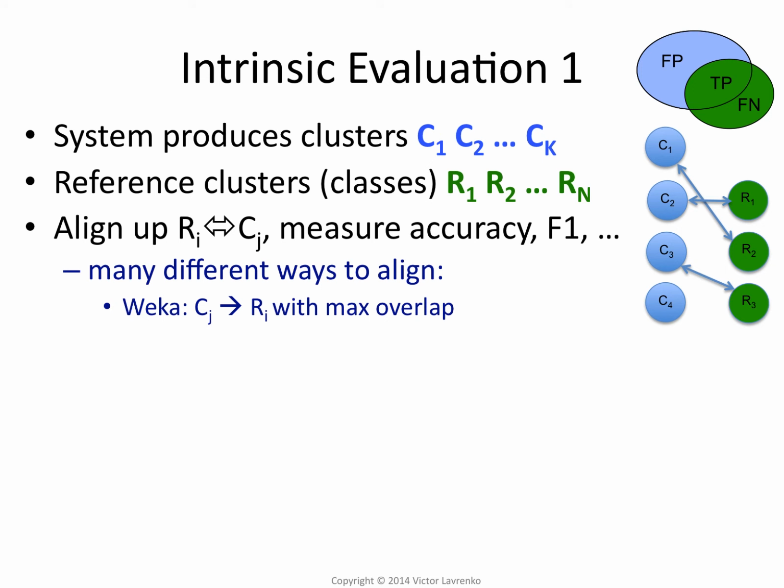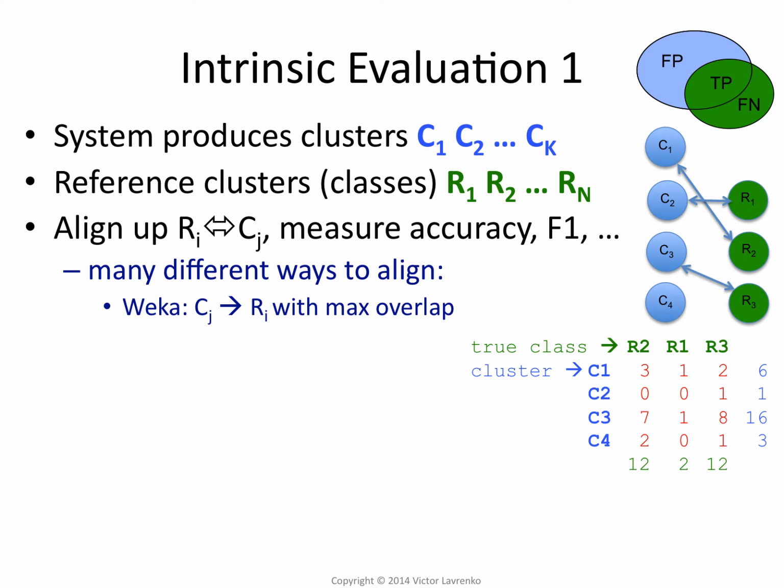What Weka, the system that you are working with, does is it constructs a little matrix of overlaps. Right? So it takes all the clusters that you've generated. I have 4 clusters in this case. It takes the reference clusters, so I have 3 in this case. It computes an overlap between each system-generated cluster and reference cluster, basically how many elements are both in the cluster and in the reference class, and then it does the alignment based on the maximum overlap.